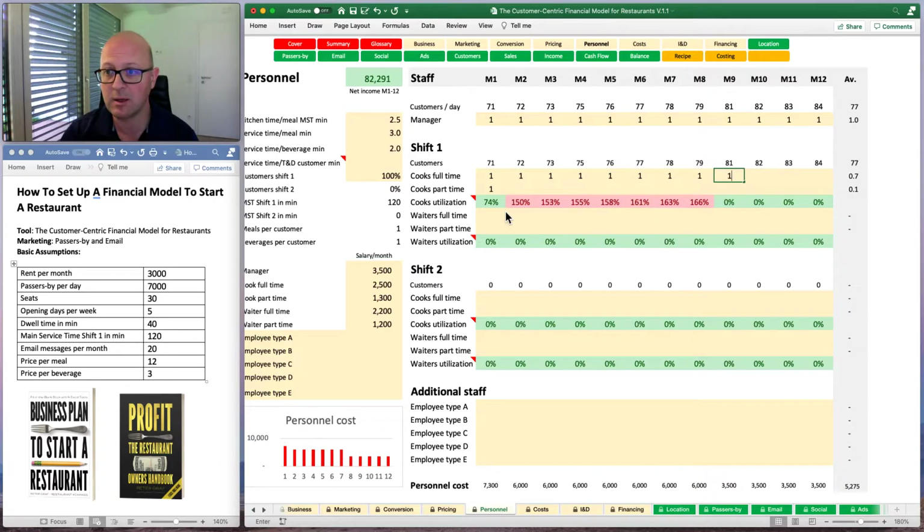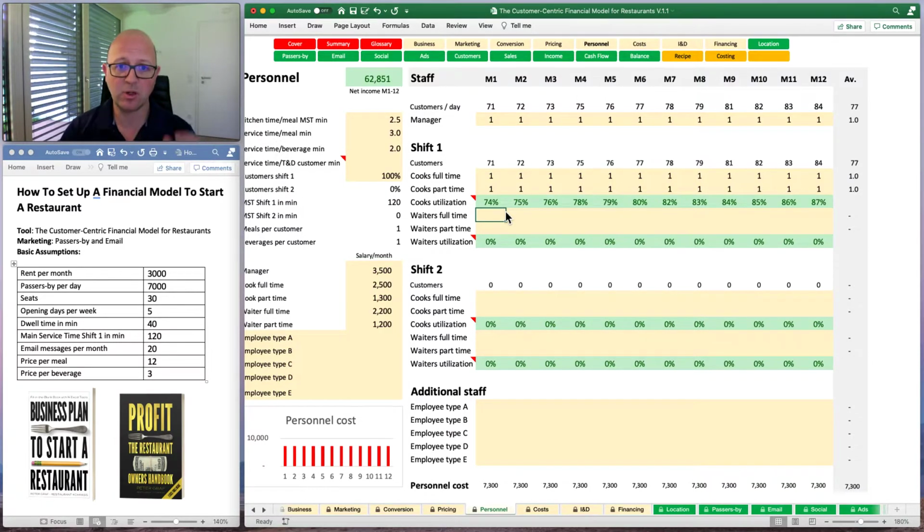We put in one full-time cook and one part-time cook for the beginning, and we see everything is green. We have two cooks, and this should be possible. Also, if you just think about it, 70 customers, that's possible with two cooks during rush hour. That's doable.